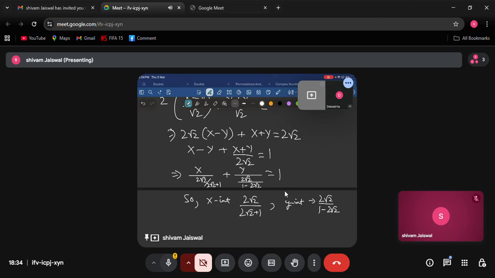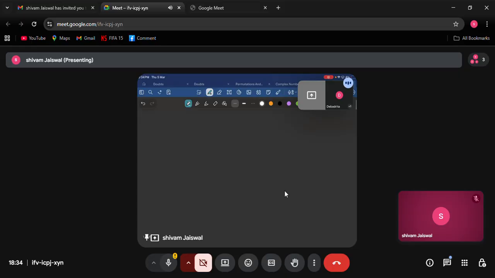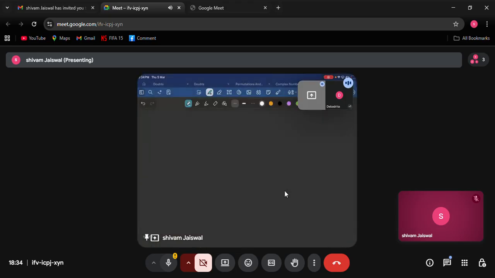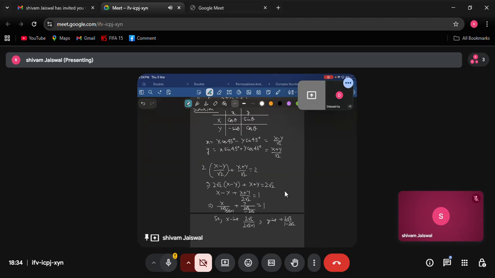Understood. Okay, solve the last one. Last one is the image problem. Done. Okay, Dvaita and Prakto, did you people understand this one? How to find out x intercept, y intercept? Tell me. Dvaita and Prakto. Yes. Prakto, are you there?